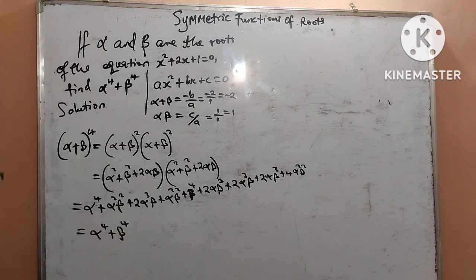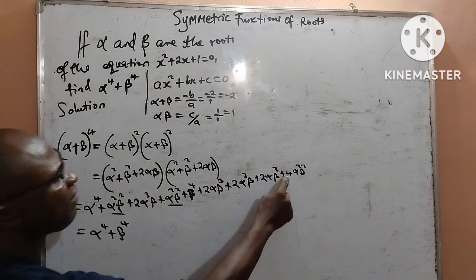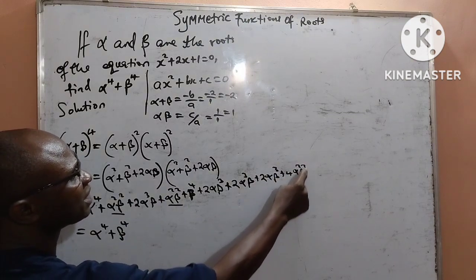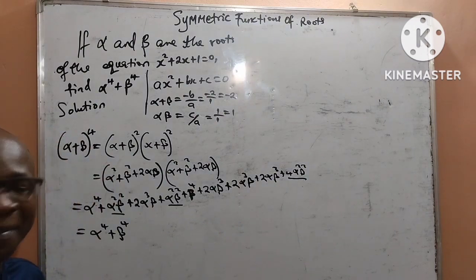Next, I want to take those ones that are to power 2. You can see here I have alpha power 2, beta power 2. Okay, I have it here. Next again, I have alpha power 2 here, beta power 2. I have it here. Next here, I have 4 alpha power 2, beta power 2. So I'm taking those ones that are alpha power 2, beta power 2.